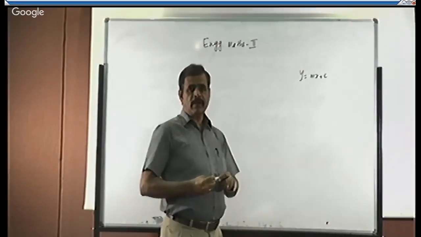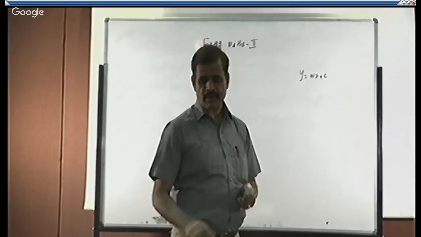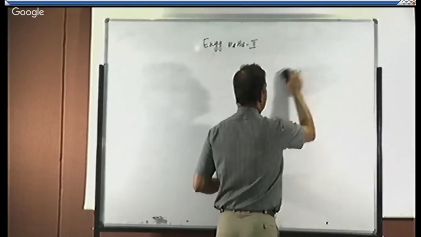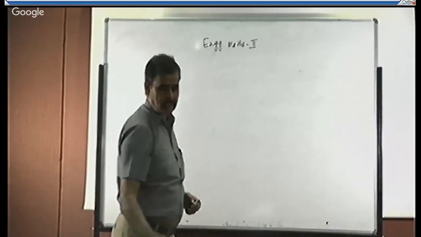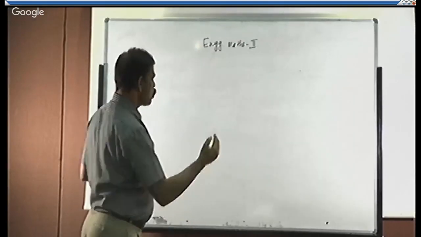In today's class, we shall discuss the other forms of straight lines. That is, a line passing through some point and having a certain slope.